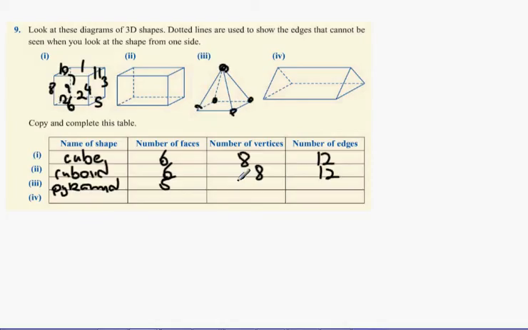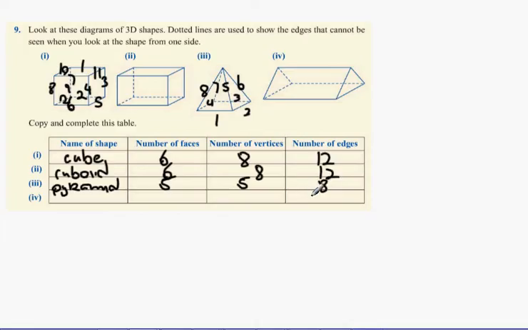So that's going to be 5 vertices. And then the number of edges: there's going to be 4 edges on the bottom, 1, 2, 3, 4. And then there's going to be the 4 diagonals, so it's going to be 5, 6, 7 and 8. 8 edges. Okay, everybody got that right so far?